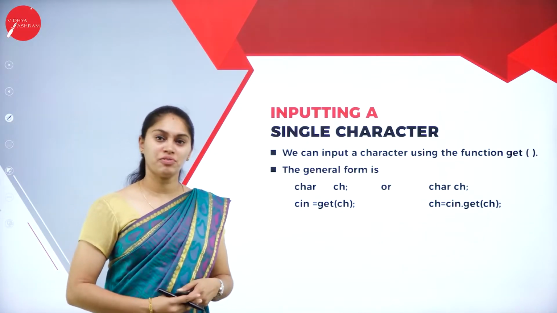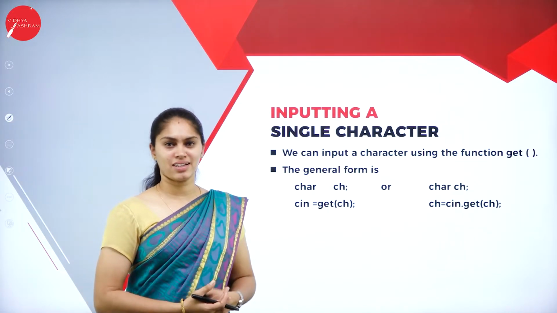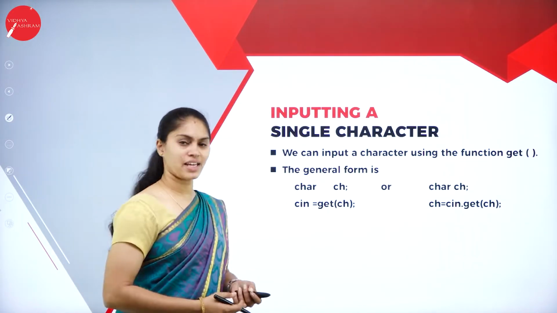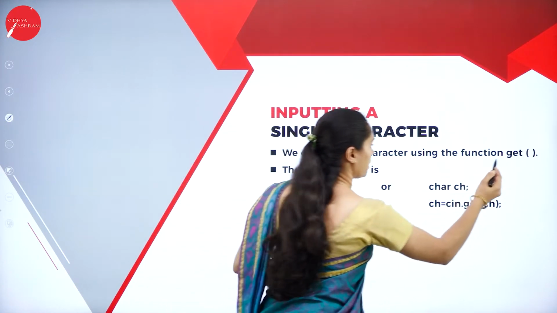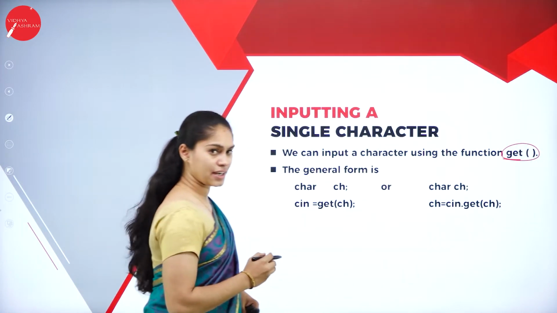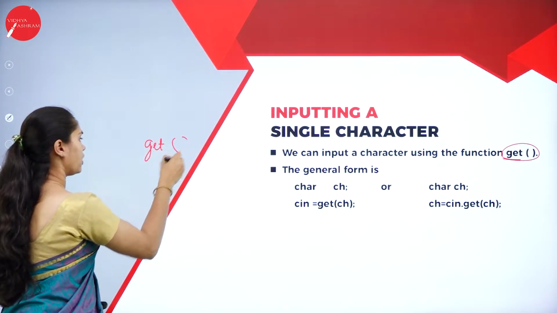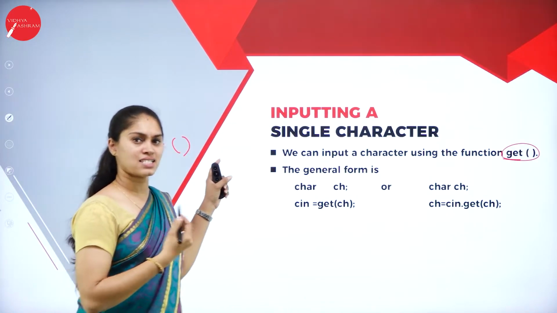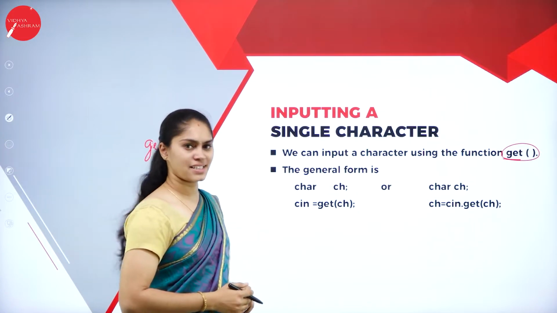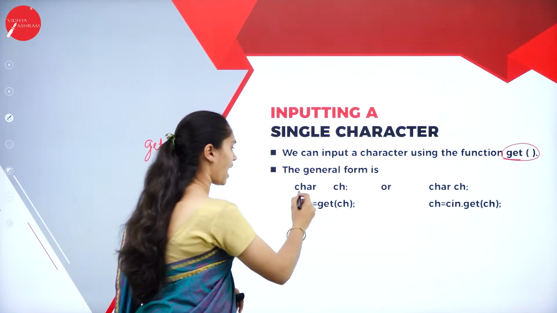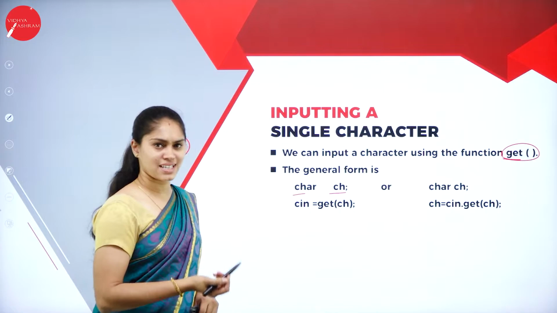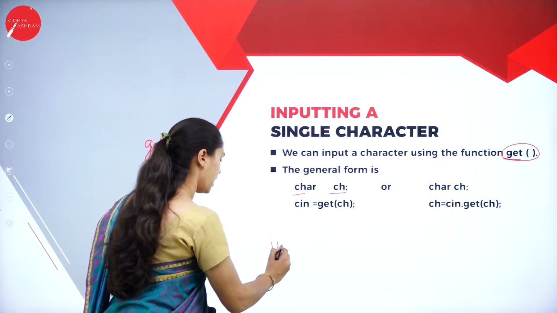So now we'll see how we are going to give a single character as an input. We can give an input character by making use of a function called get. What is the general syntax that you can see here? char ch. What does this indicate? Let me tell you, int a.